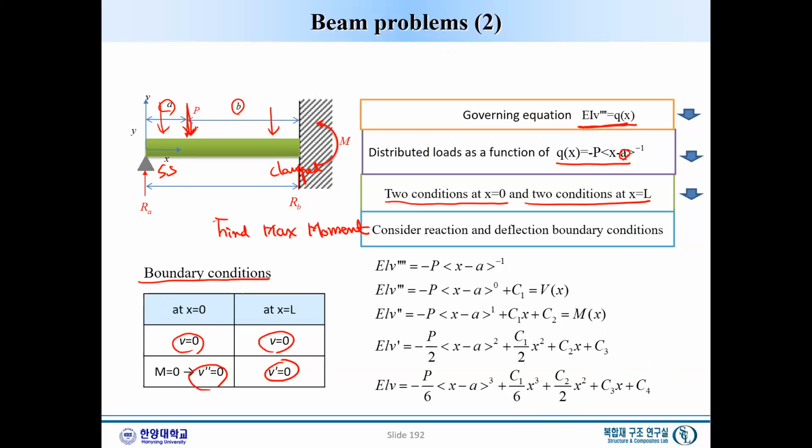So the failure location will certainly vary depending on the position of P. It would be interesting and useful to find the maximum bending moment, which can be calculated from here. Of course, C1 and C2 are calculated from the four boundary conditions. Okay, so this is the second beam problem.